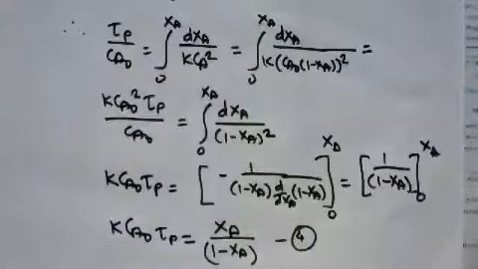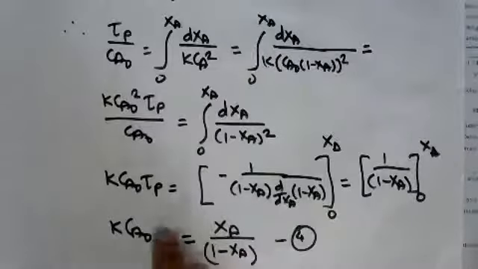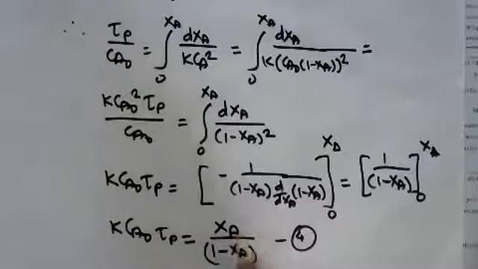Now the first part of the problem says find the fractional conversion, that is this xa is to be determined. Now k is already given as 500, and CA0 is given. If we know tau p, which can be calculated from the given data, we can find out the value of xa. So let us calculate tau p.